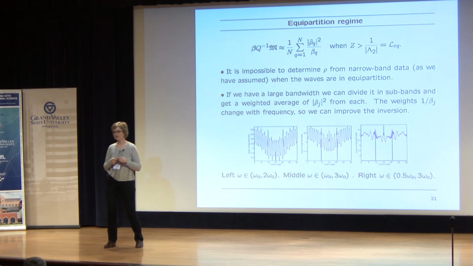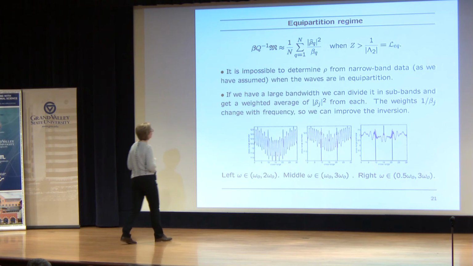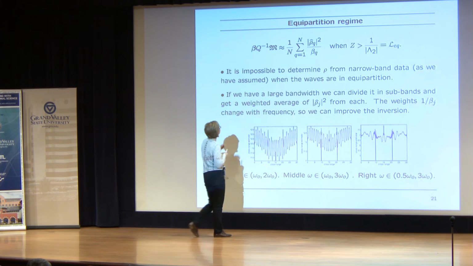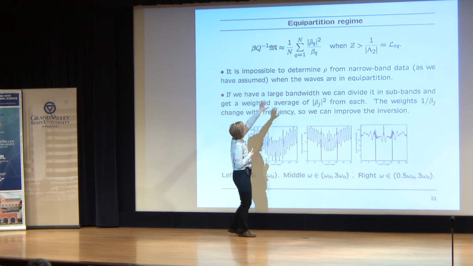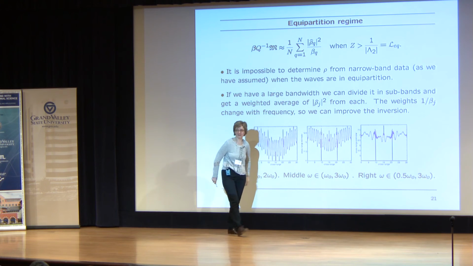Equipartition means that there is so much scattering in the waveguide that the waves really forget where they came from. In fact, if you look at the data at such a distance, the data is nothing but an average of the Fourier coefficients, which is what you want to find, with these weights.